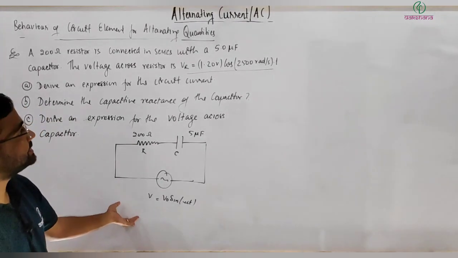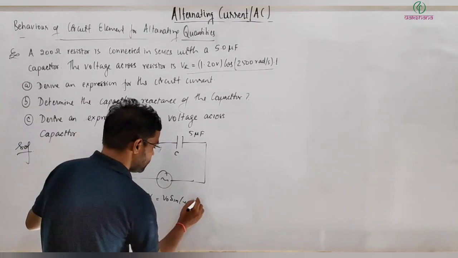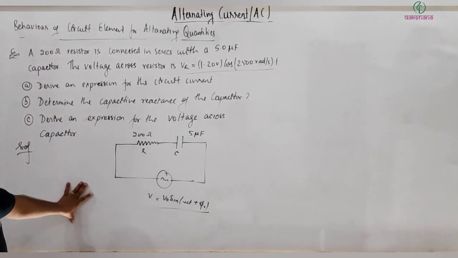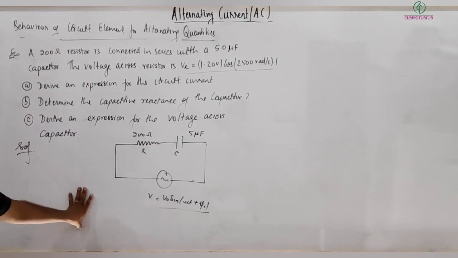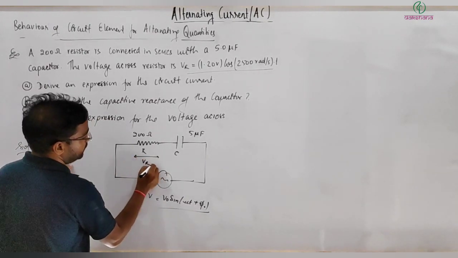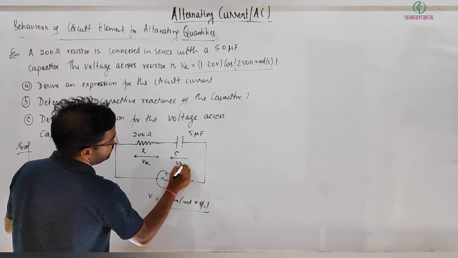The voltage across the resistor will be VR, and across the capacitor it will be VC.